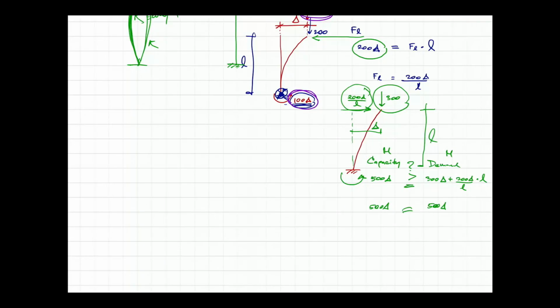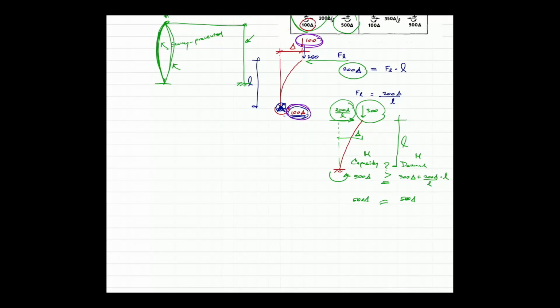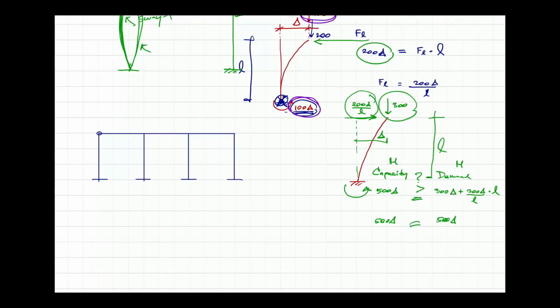So this is a sigma P concept. We have several columns in the frame. And the frames like this are connected together to make one story.